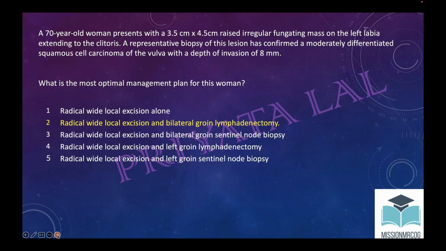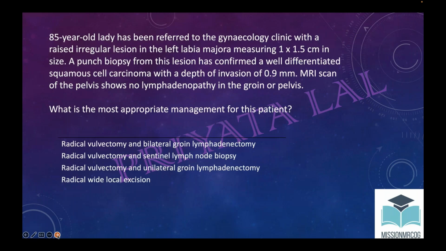An 85-year-old woman with an irregular lesion, left labia majora 1 by 1.5 centimeter. Punch biopsy shows a well differentiated squamous cell carcinoma, depth of invasion 0.9. MRI shows no lymph nodes. So, what will be the appropriate management? Radical wide local excision, ma'am, because the depth of invasion is less than 0.9 mm, less than 1 mm.